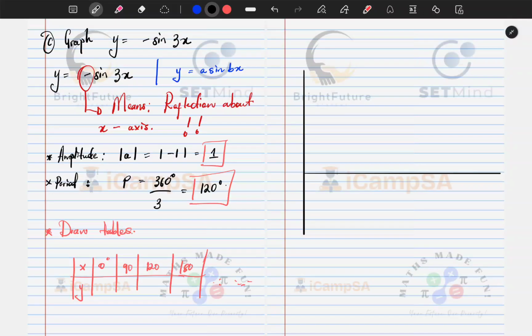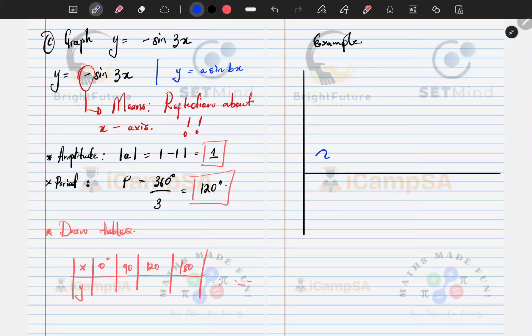And remember, it's a sine graph. It means that it will start from the origin. But before we go into drawing this, I want you to notice this example.